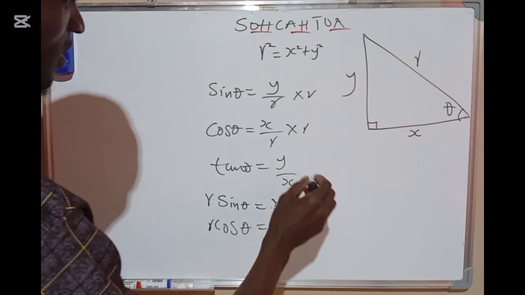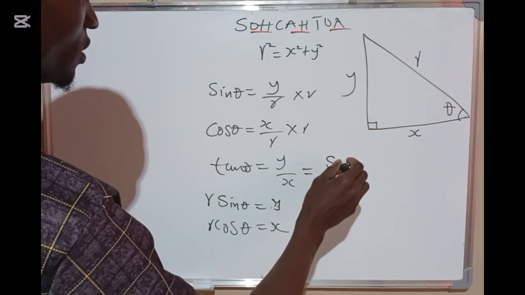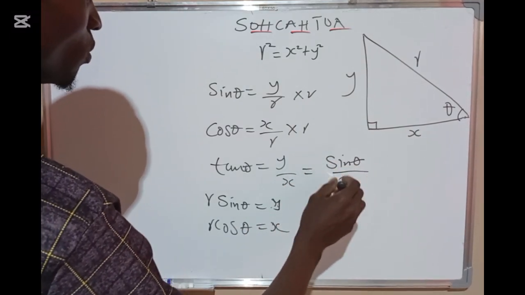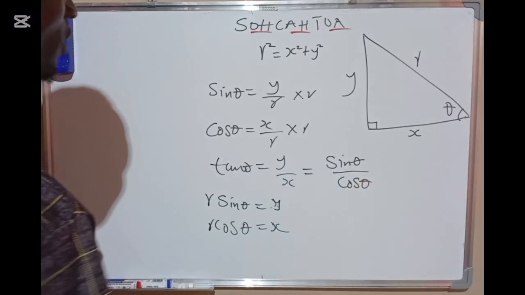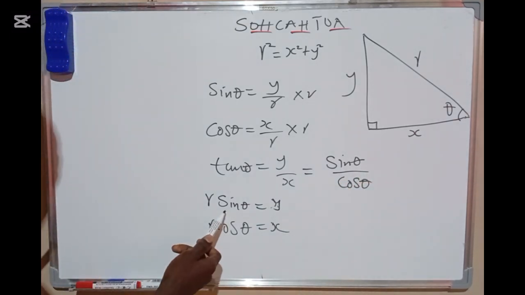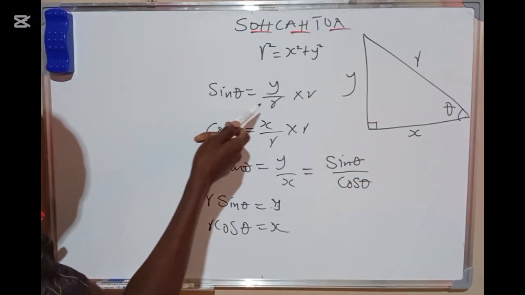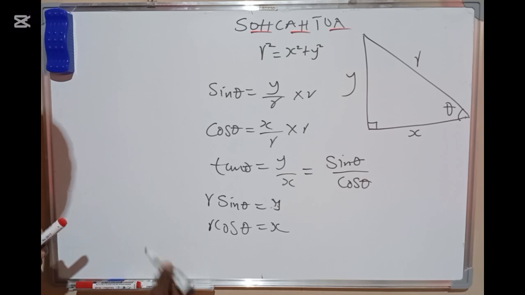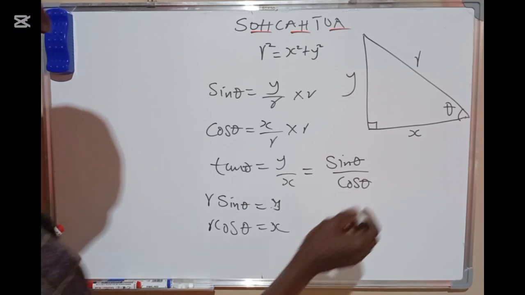Or tan theta can also be derived from sine theta all over cosine theta. What is sine theta? Sine theta is equivalent to y all over r.